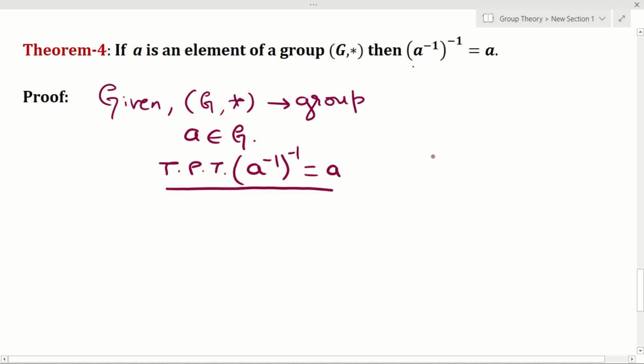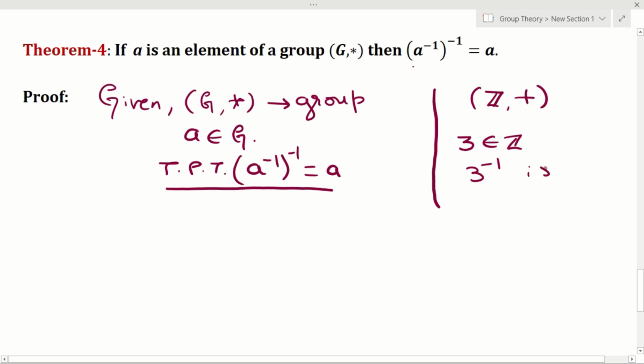So before doing this, again I shall consider an example. Again I consider one of the important examples of group, that is Z plus. You can consider other also. So again, if I consider 3 is an element in Z, what is the inverse of 3?